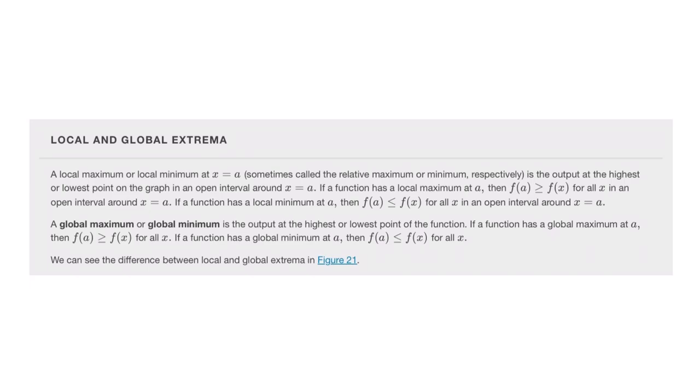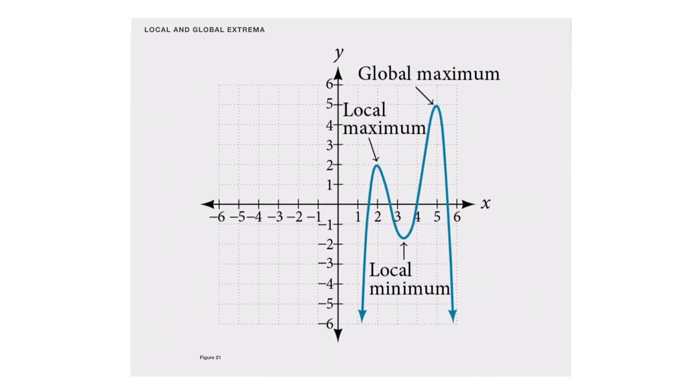We can see the difference between local and global extrema in figure 21. So we have a global max, a local max, and a local min, right? So with maxes and mins, we're basically talking about the peaks of the mountains and the bottom of the valleys, right?